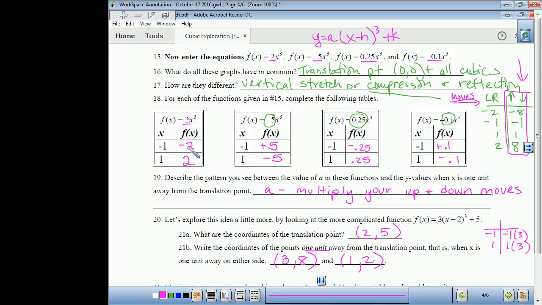Negative 1 times 2, negative 2. Positive 1 times 2, positive 2. Here it's negative 5. So negative 1 times negative 5 is positive 5. This causes it to flip, a reflection over the x. Okay, questions about these two? Well, 15 through 19. Any questions?